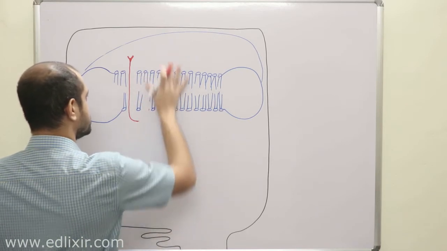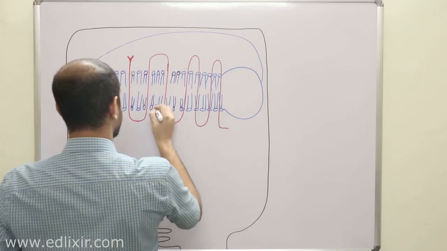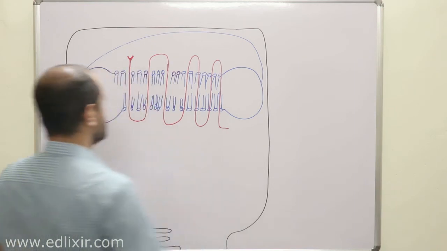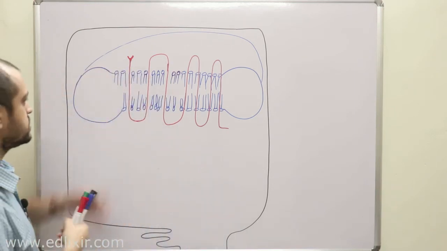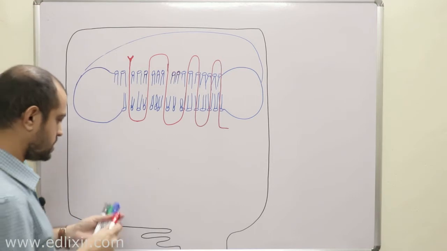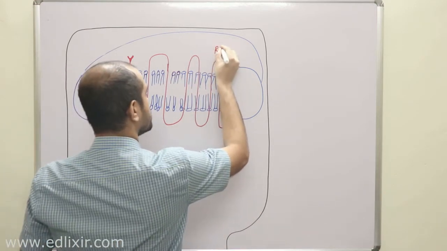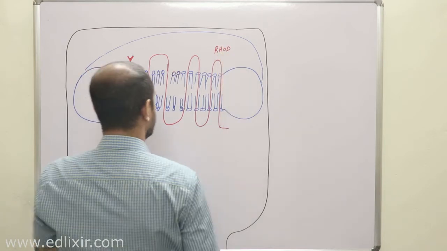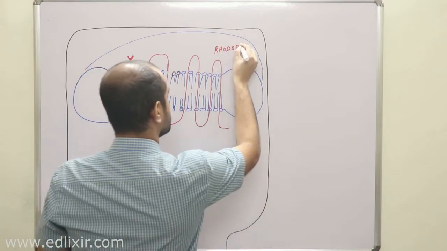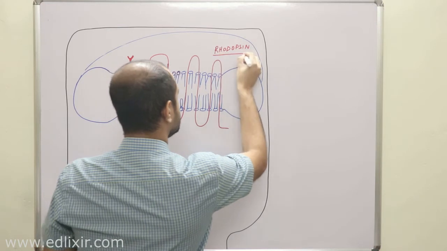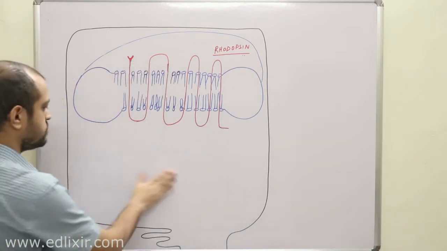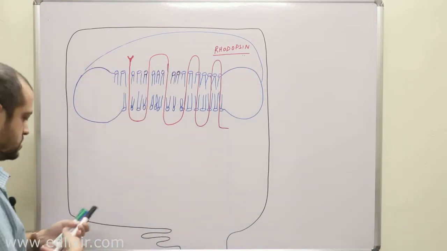Our beautiful rhodopsin. Clear? So this is your rhodopsin molecule. Clear? This red color is your rhodopsin molecule. Now listen with all your attention. A very interesting part you need to understand here is this. So this is your disc membrane. Now listen.